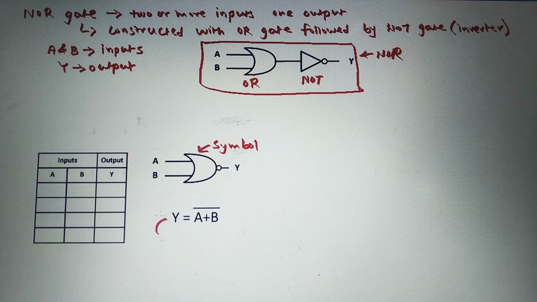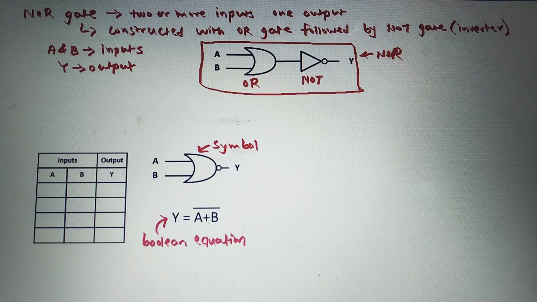Now see here, this Y is equal to A plus B whole bar. This is the Boolean equation for two input NOR gate.